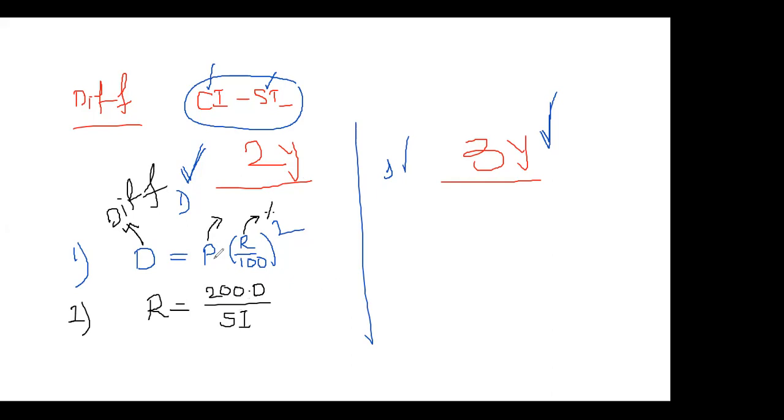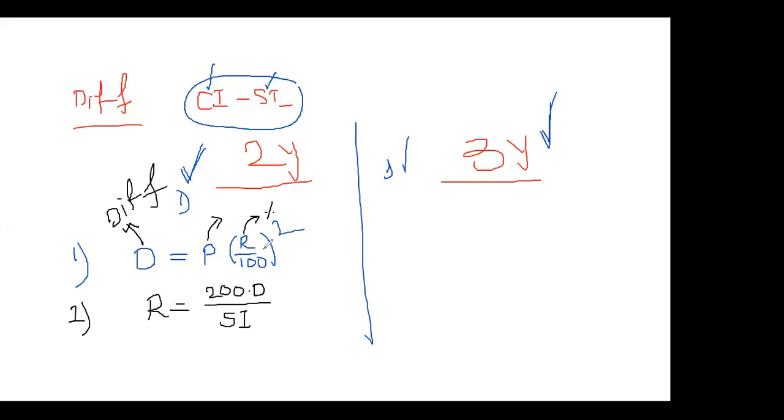Clear? These are the only 2 formulas for the difference between compound interest and simple interest. The first is D equal to principal into (R by 100) whole square.